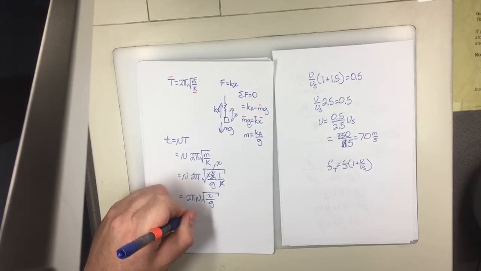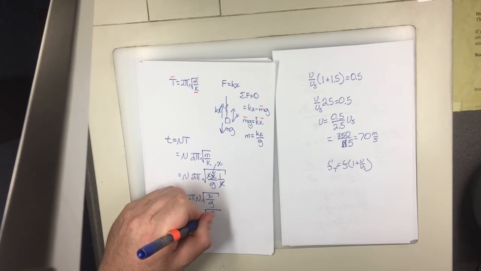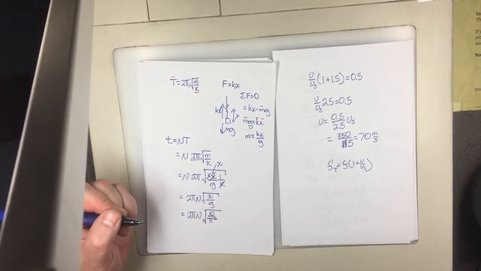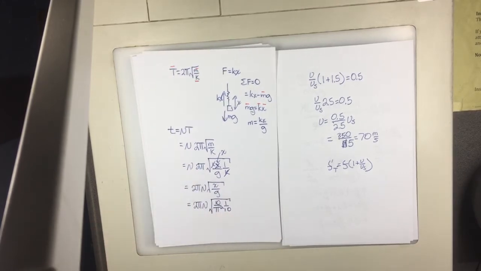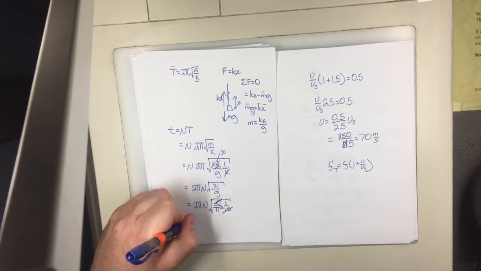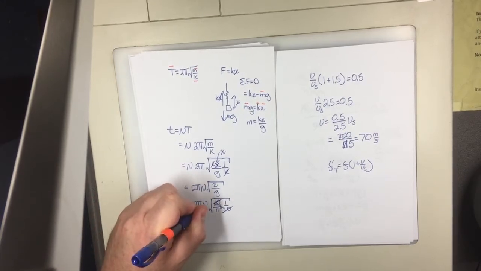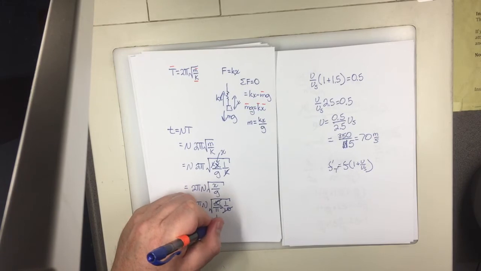This makes it 2 pi n, x is 10 over pi squared, g is 10, and when you start looking at this, you can start seeing the answers starting to just pop out. 10, 10 cancels. I'm left with 2 pi n is 30. Square root of 1 over pi squared is 1 over pi.